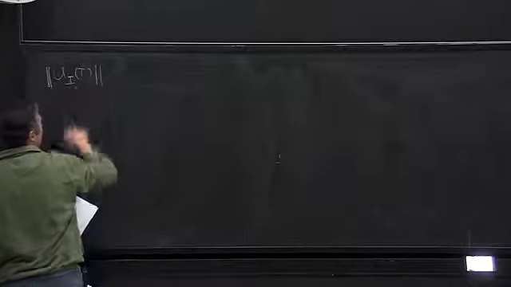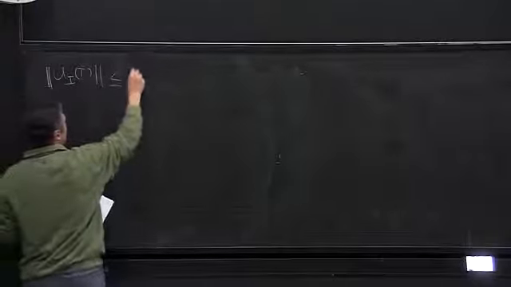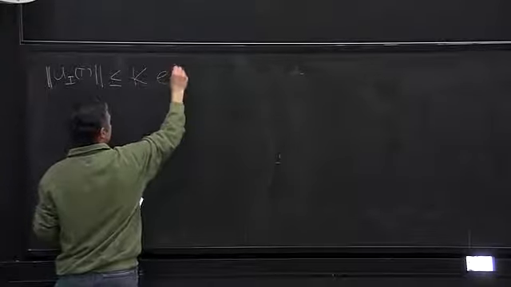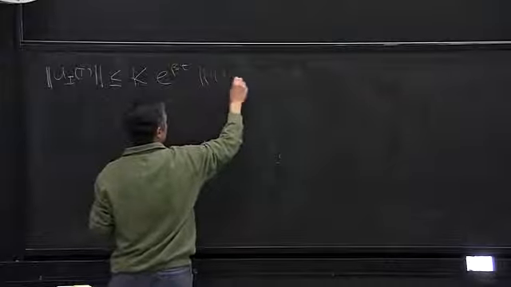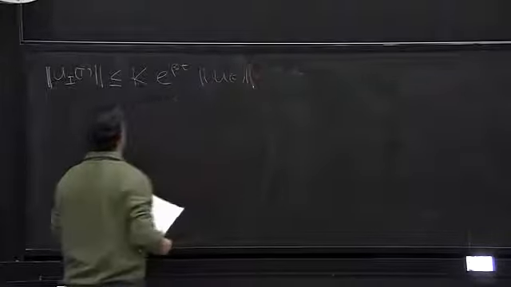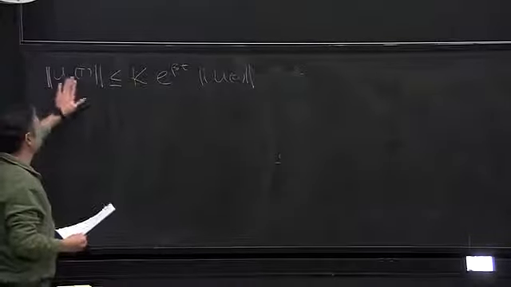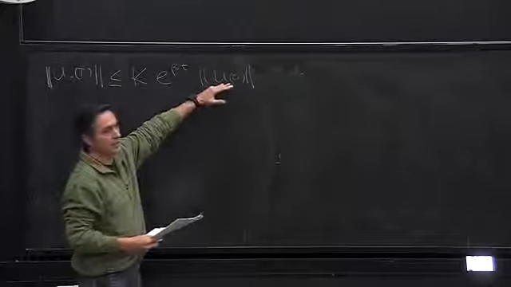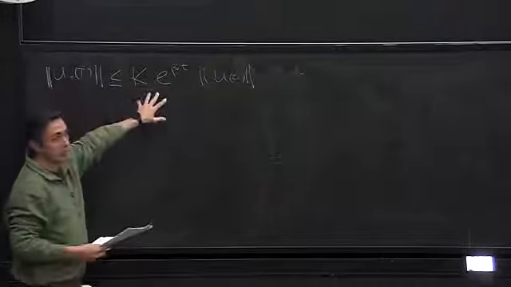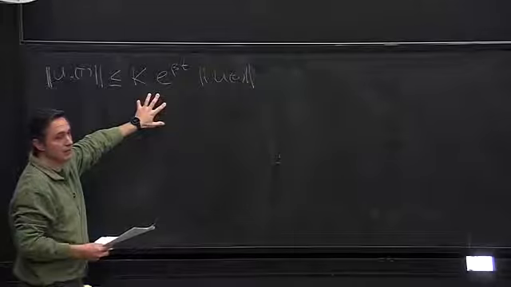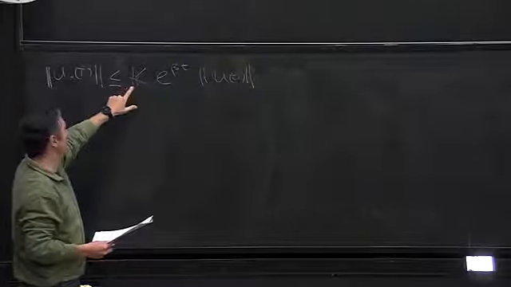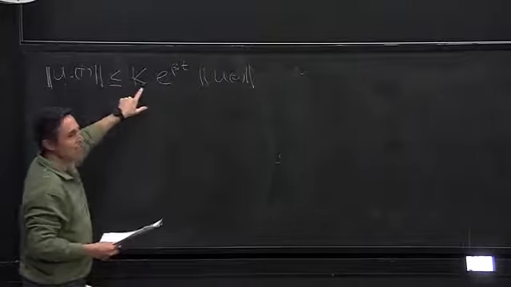This is for any reasonable norm. So if the norm of the solution with respect to the initial data grows, we're going to allow it to grow exponentially. We're going to allow it also to have an arbitrarily large factor in front.